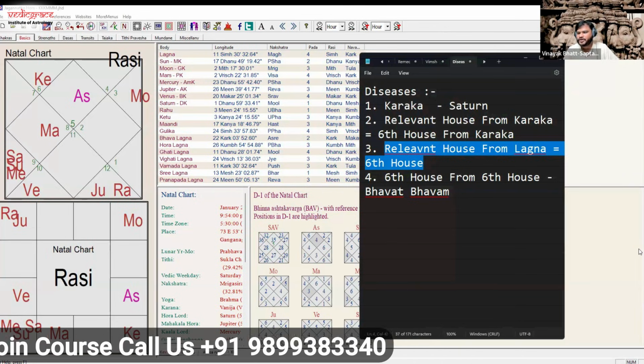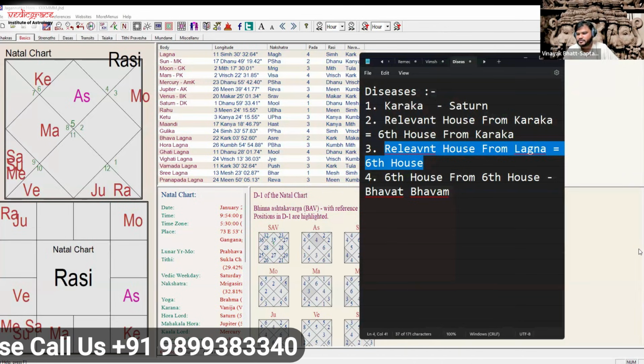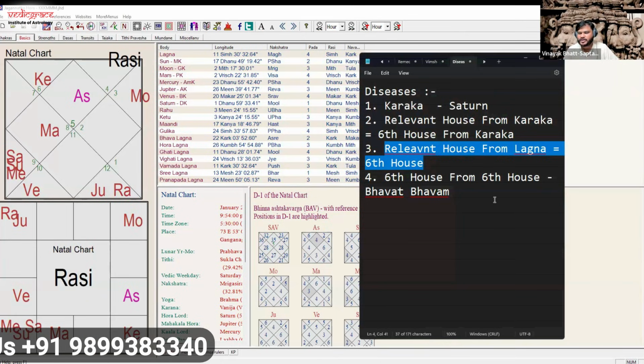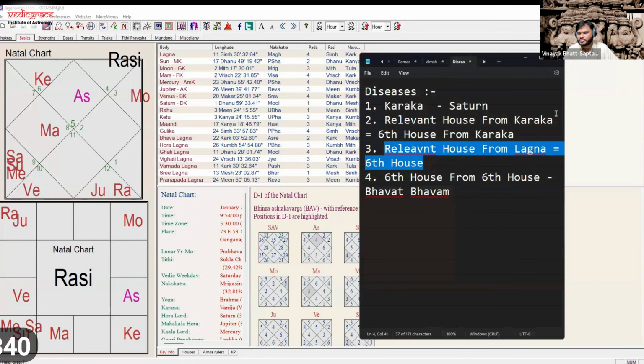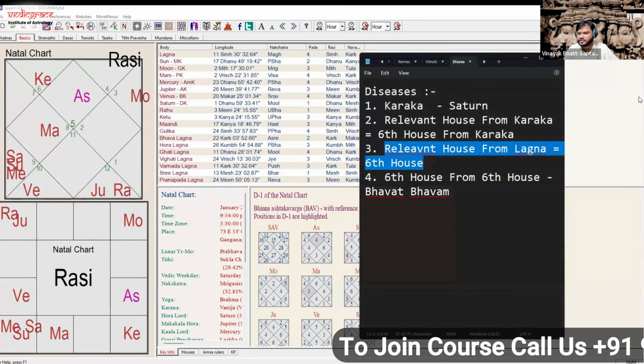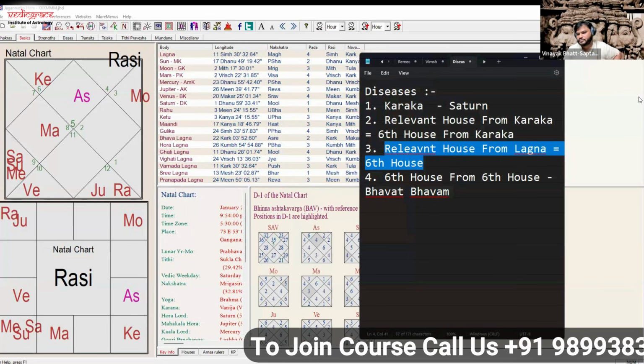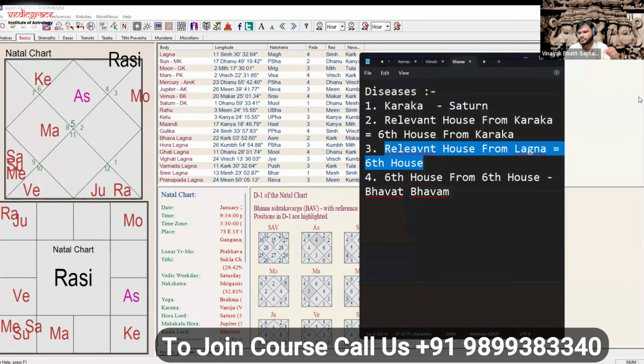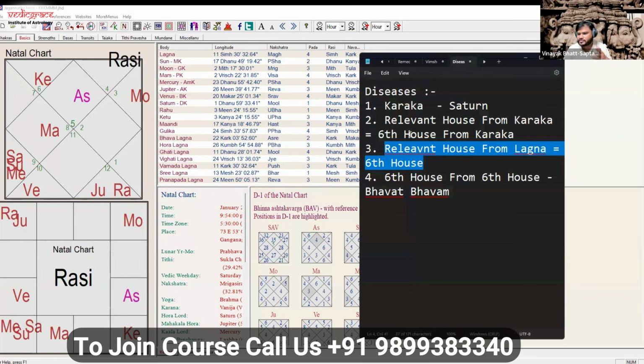We should not wait for those events. Like in some cases, childbirth is promised in the universal chart without Lagna. But when we include the Lagna, that childbirth is not promised. So we do a lot of remedies, we go here and there and try everything, but that is not in your destiny. We should accept it. So that's why we need all these 3-4 points.